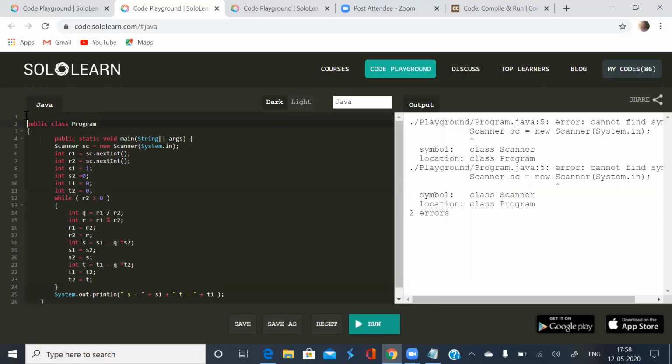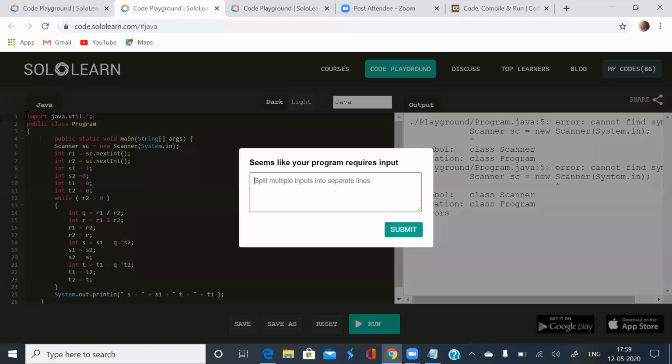For that you need to import java.util, okay. Say util spelling, java.util. Let us run it.